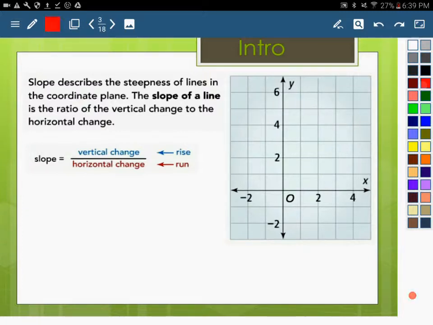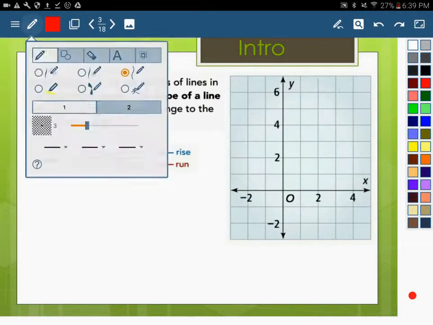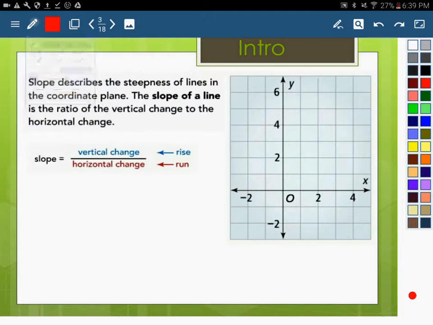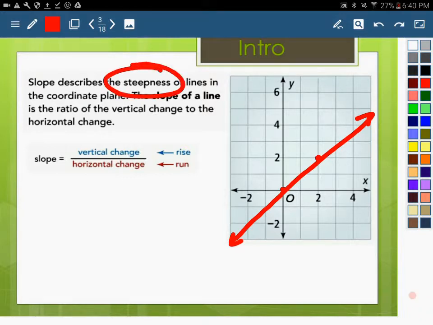So for instance, if we were to plot 2 points, let's say (0, 0) and (2, 2), and connect a line through those points, we should be able to calculate the slope of that line, or the steepness of that line. It's very important that we connect slope to steepness.